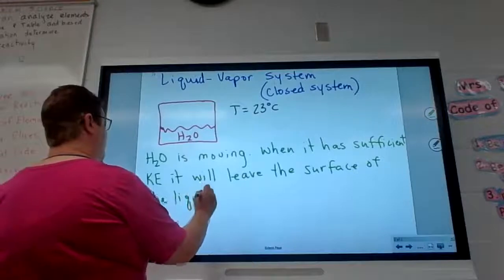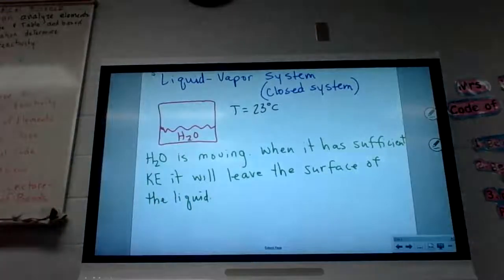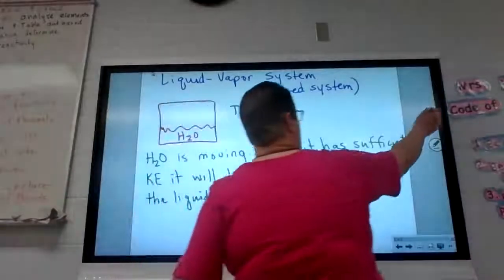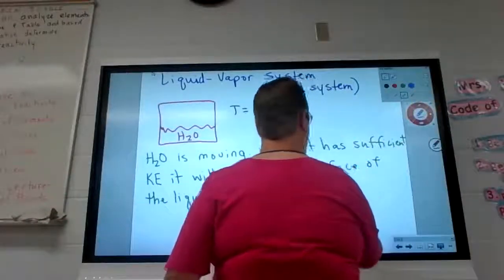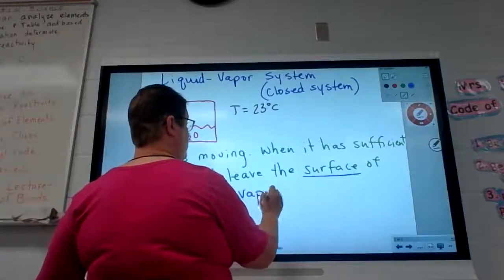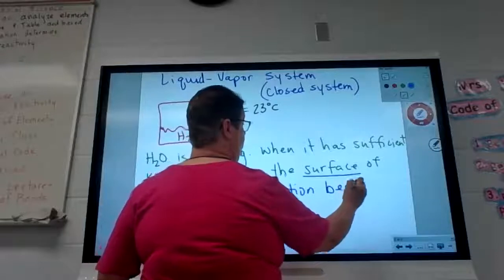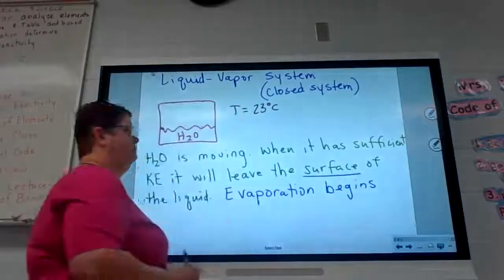And I point this out because remember yesterday we were talking about the differences between evaporation and boiling? Evaporation only occurs where? It only occurs from the top. It occurs at the surface. Evaporation begins.